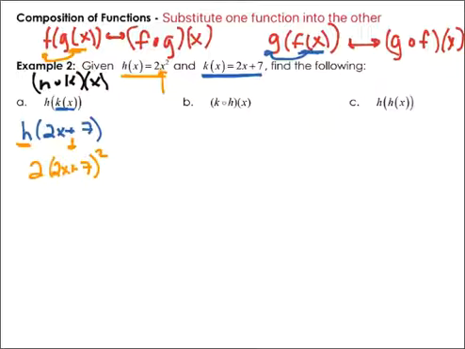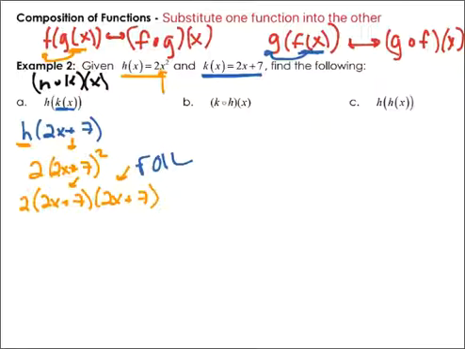I want to replace it with 2x plus 7. Okay, and then this gets a little bit more interesting here. What this really says is 2 out in front, and then write 2x plus 7 twice. Now you have an option here. You're multiplying three things. If you have two binomials, which have two terms each like these two do, we could FOIL them out or multiply them out.